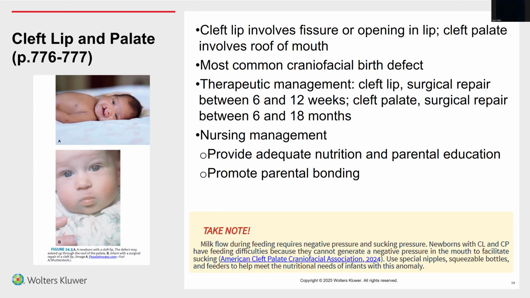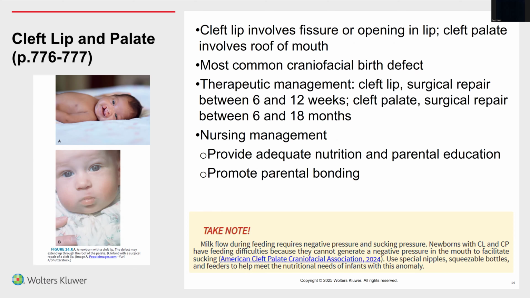We just have to work with the parents and the providers to figure out what's going to be the best method for that infant. We need to promote adequate nutrition and ensure that the baby is getting what they need.